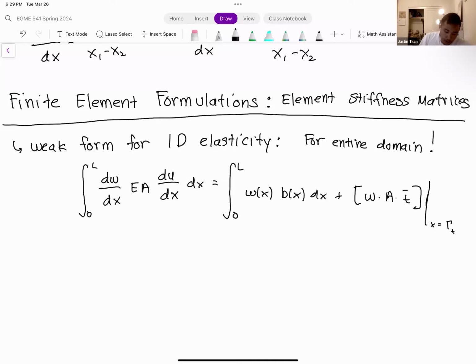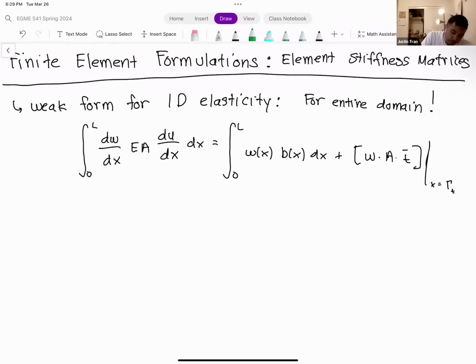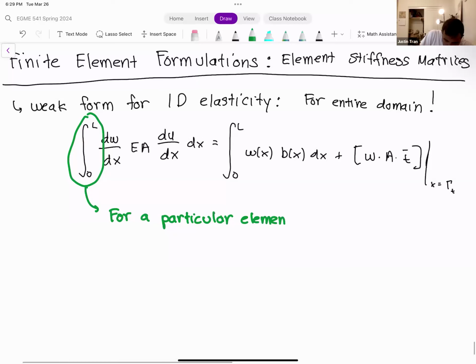So instead of integrating from 0 to L, for a particular element we're only integrating along the bounds of that element, so from x1 to x2.